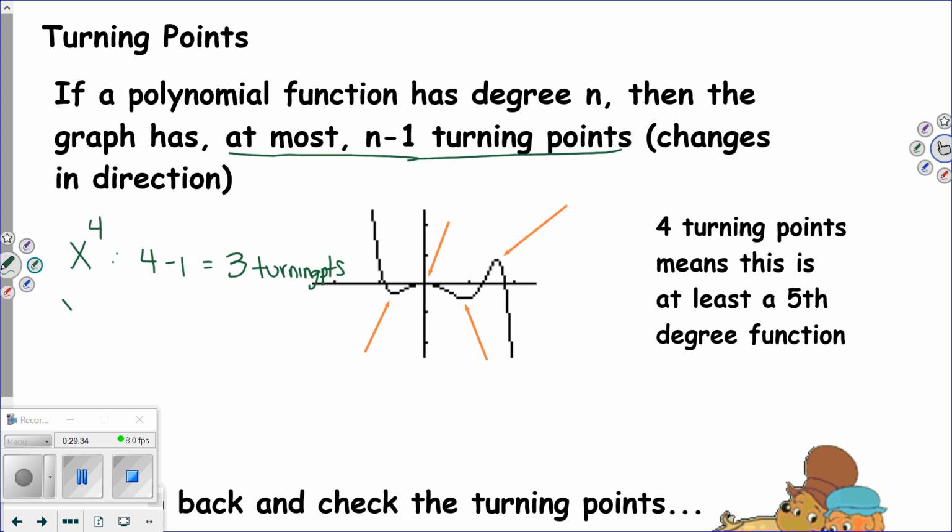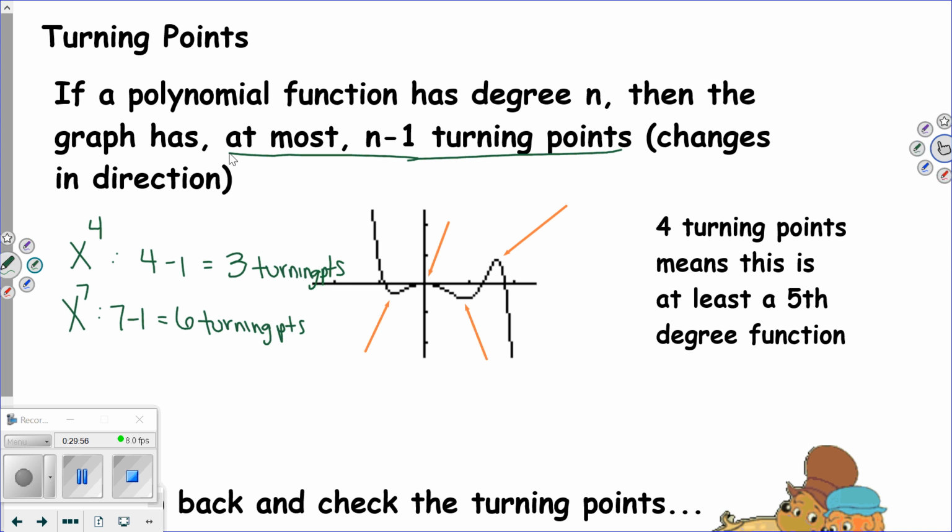If I had x to the 7th, 7 minus 1 is 6 turning points. Does that make sense? At most, it'd be 1 less than whatever that degree is. No, it doesn't tell us where they are. It doesn't tell us how high or how low they go, but at most, that's how many it would have.